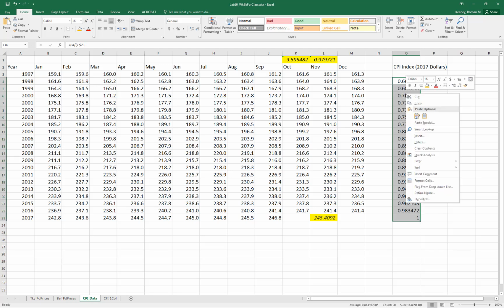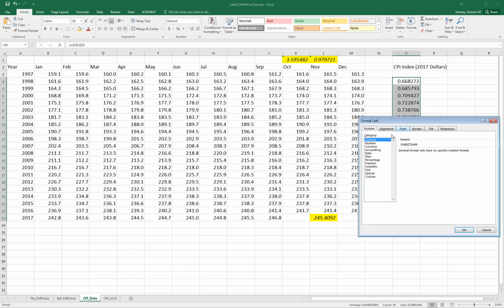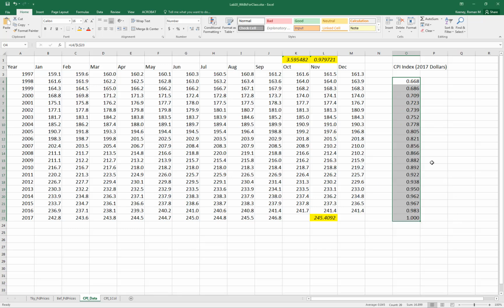Okay, so that means we can copy now all these values down, however you want to do your copy. And you can see every time in these formulas then L23 is used as the base. So these are just what is this CPI level in November of 1998 or 2001 relative to the 2017 year.